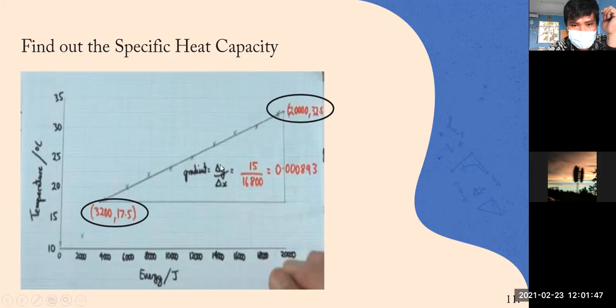Gradient is equal to the change in y divided by the change in x. So 32.5 minus 17.5 is 15, divided by 20,000 minus 3,200, which is 16,800. So the value of the gradient is 0.000893.